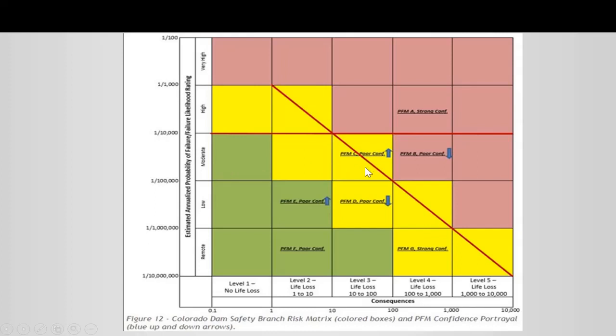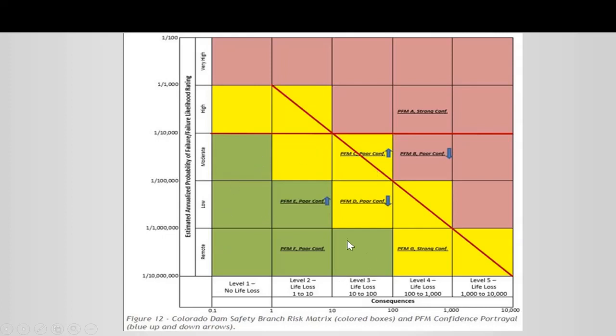And the yellow square just below this diagonal red line, which is the societally acceptable risk line. So like we said before, this moderate area of risk, yellow, may be acceptable with some non-structural measures, like an early flood warning system or better emergency planning, to reduce consequences and get us to an acceptable level of risk.